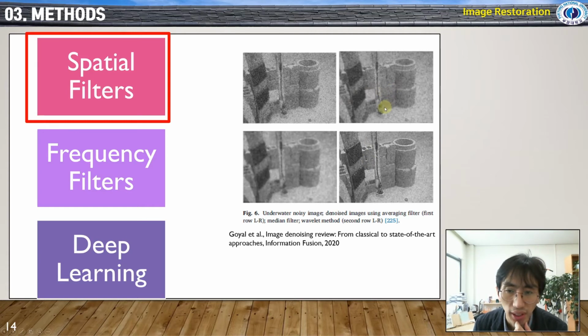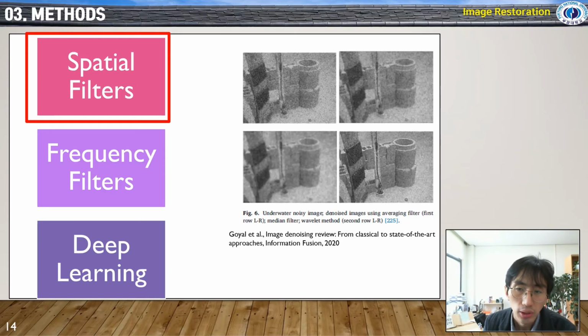The spatial filters are the up left, up right, and the bottom left. Those images are better than the noisy image, but still not clear. So there is some limitation in such a method.